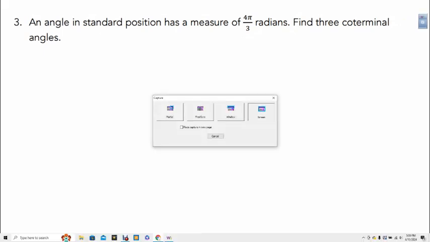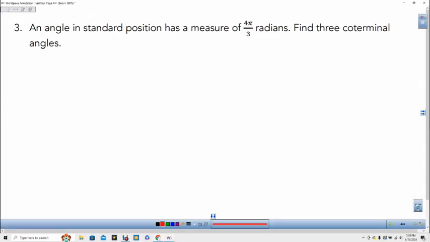All right, number 3, an angle in standard position has a measure of 4 pi over 3 radians. Find 3 coterminal angles. Now, coterminal, let's go ahead and get a definition here.